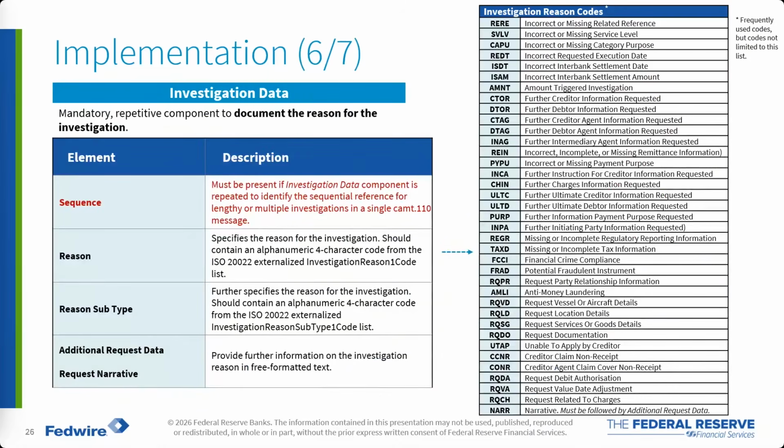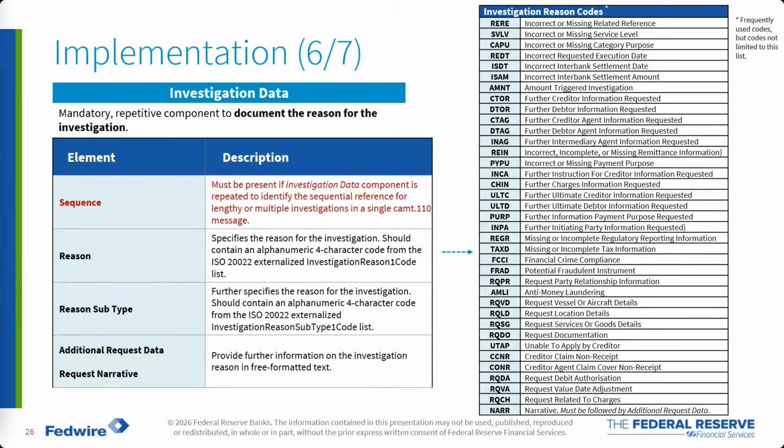Almost there. Last but one block, investigation data. Most of the elements here are in a mandatory repetitive component where you're going to be asking your question. This is documenting the reason for your investigation. Now, you see that most of the elements were already enabled in our July 25 implementation, but we've added an element called sequence.